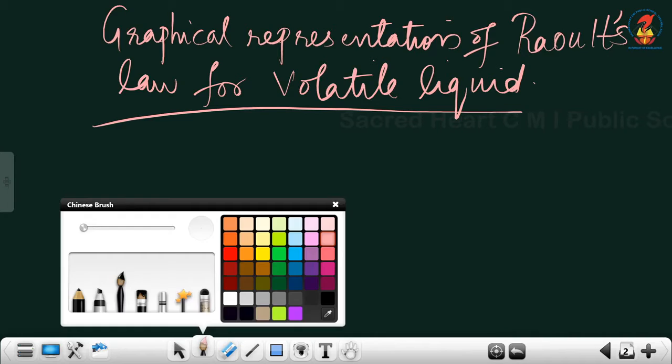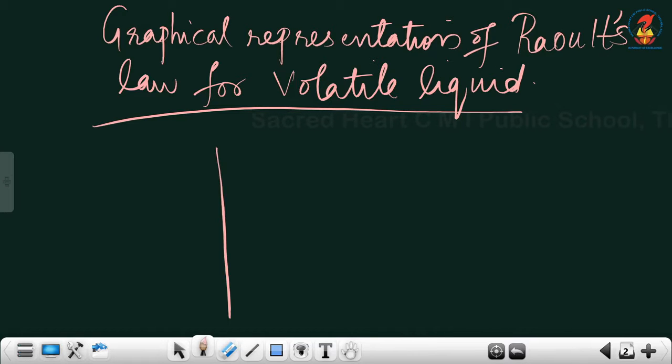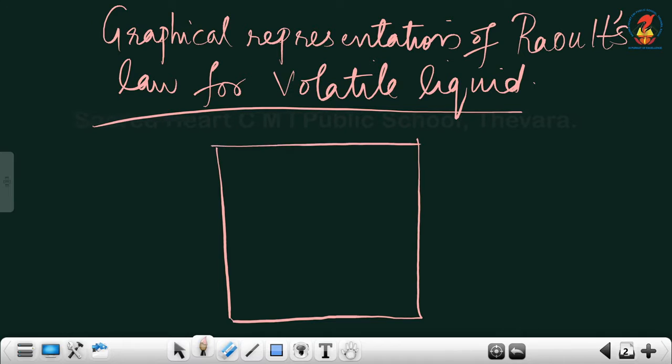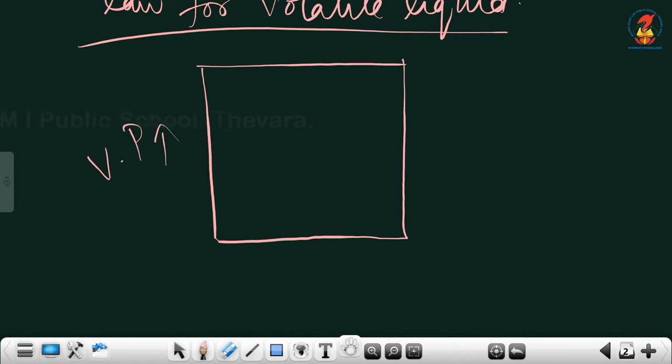Now we are going to plot a graph. The graph is between vapor pressure and mole fraction. So this is the graph for Raoult's law.